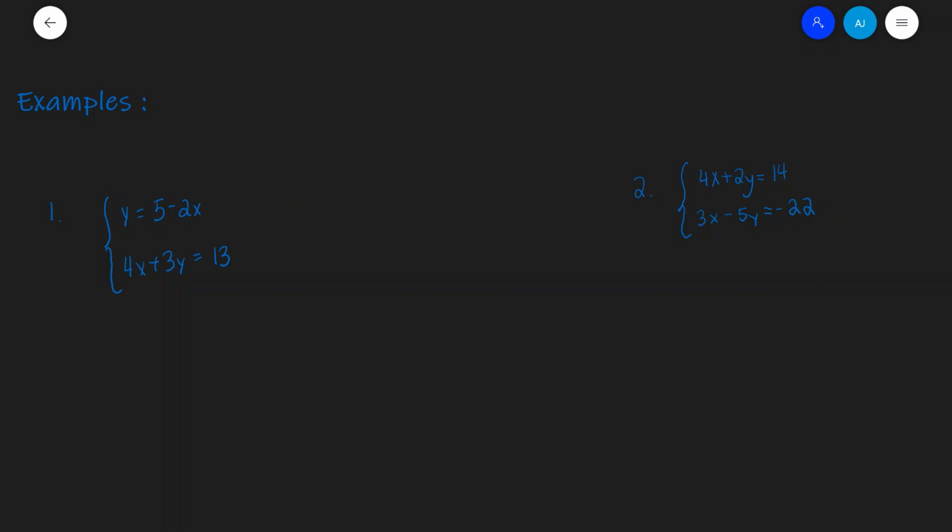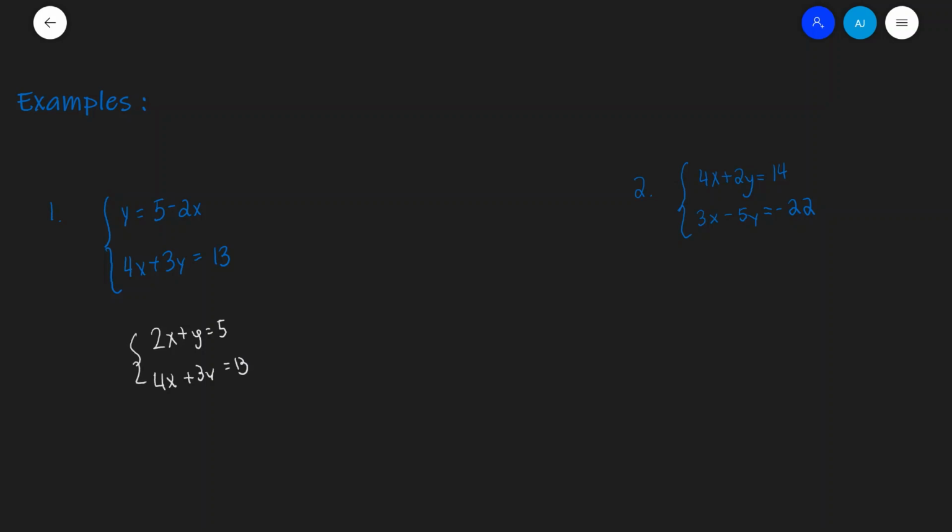So to make canceling a variable easier, we can rearrange the first equation to be 2x plus y equals 5. And this can be done by adding the negative 2x onto the left side. Now that we have our variables on the left side and our constant on the right side, we can find a factor to cancel one of these variables out.